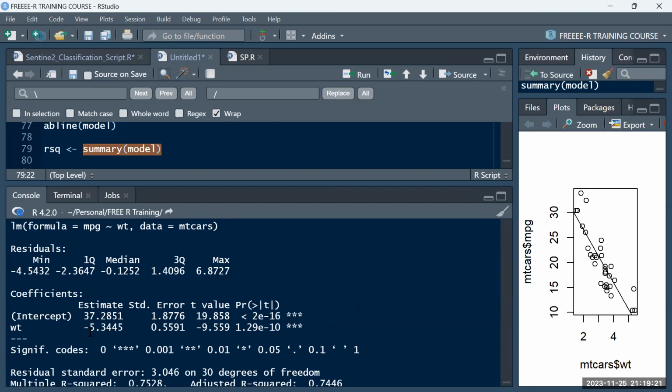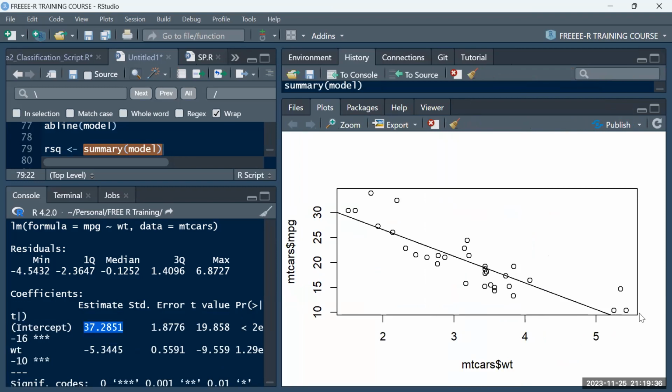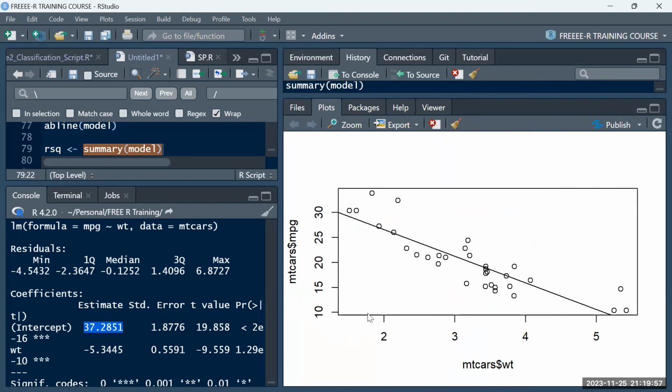You already saw that 37 is the intercept, meaning that if the weight of the cars is 0, this will be the minimum value of miles per gallon. But as the weight increases, the miles per gallon reduces. That's what this is explaining to us.